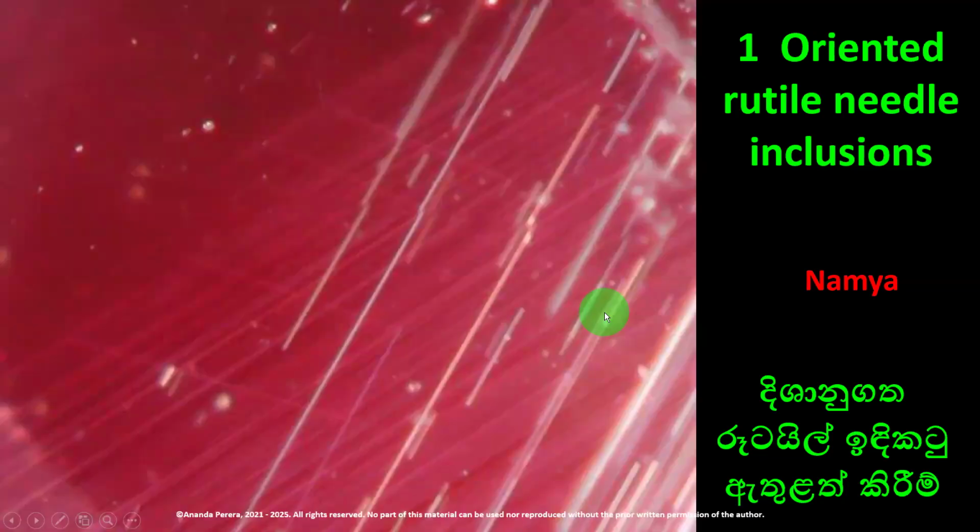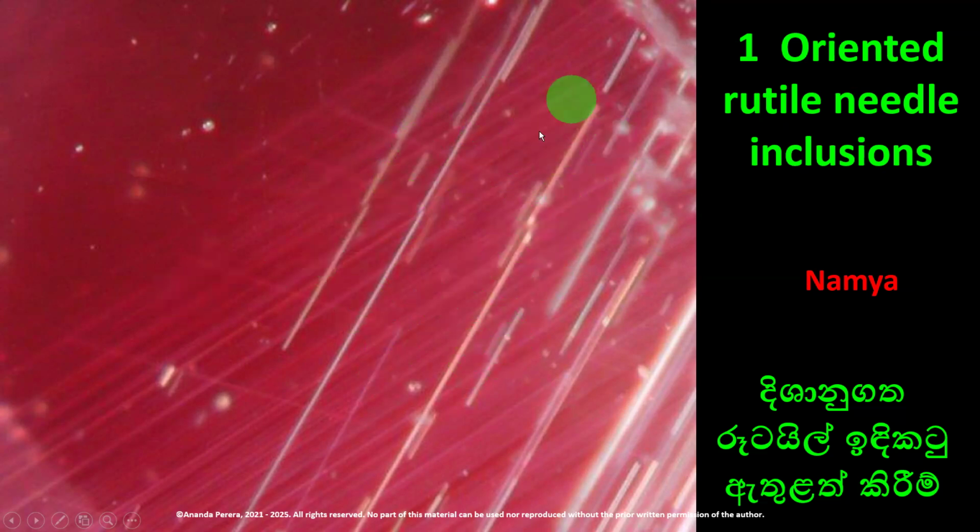What is this? These rubies are not from Mogok, it is Namya. From here we are discussing the Namya rubies. Same in Burma, Myanmar. Look at these inclusions well. Oriented rutile needle inclusions we can see.